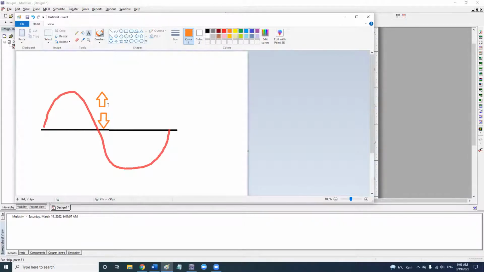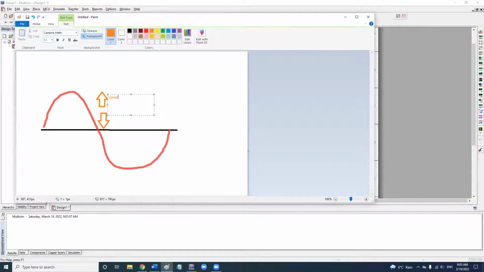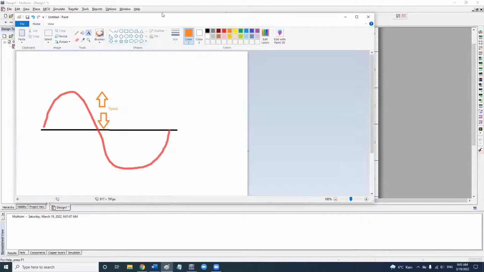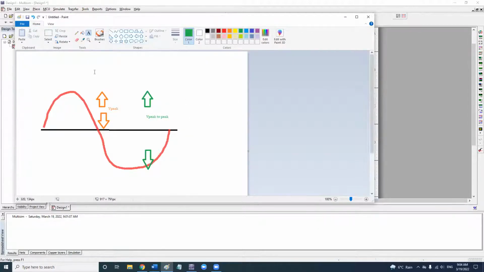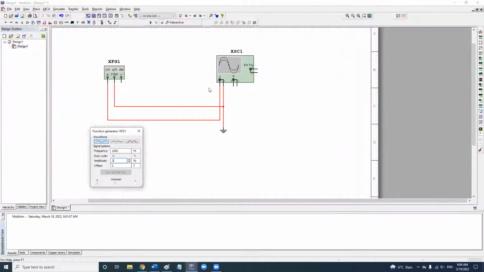So this is V peak. This is peak voltage. If the question is telling you to find V peak to peak, it means from this to here. So this is V peak to peak. They are different, so you have to read the lab requirement very carefully.